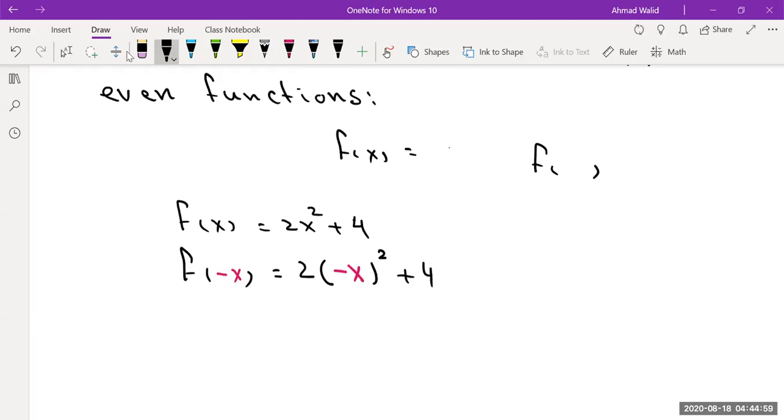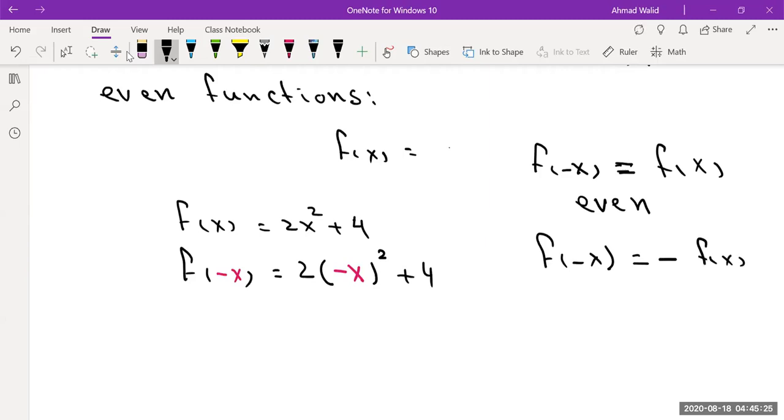When you replace your f of x with f of negative x, and f of negative x becomes equal to the f of x, you call your function even. And after doing this test, if f of negative x becomes equal to negative f of x, we call these functions odd functions.